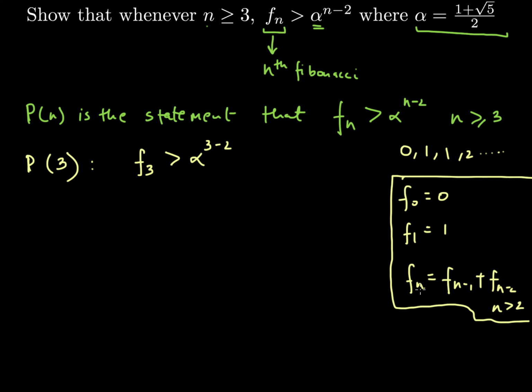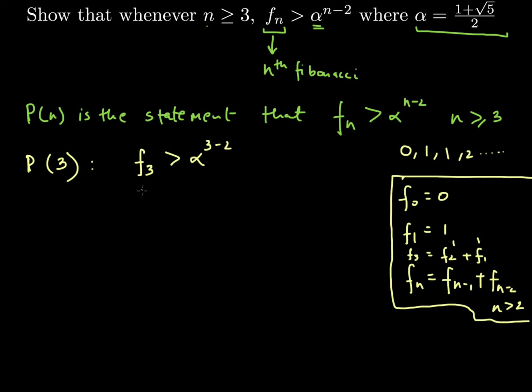By using this definition, I can see that f of 3 is equal to f of 2 plus f of 1. F of 2 is 1, and f of 1 is 1. 1 plus 1 gives you 2.